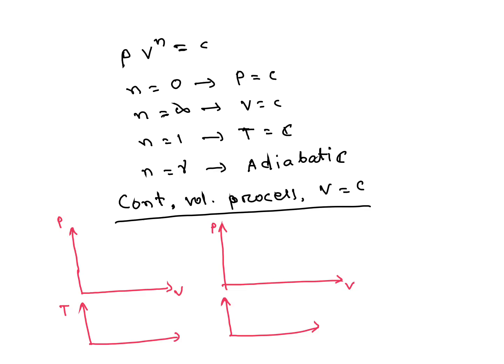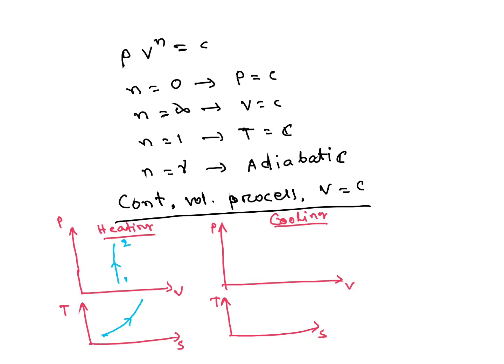Constant volume process in heating, it will go like this, initial state to final state. And in TS diagram, it goes like this. Constant volume process 1 to 2.